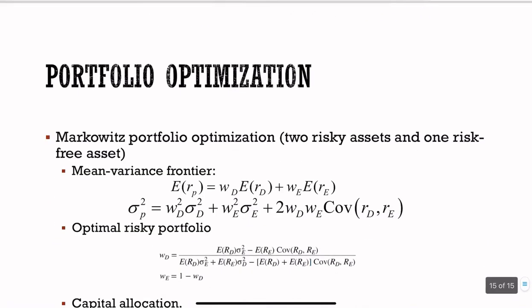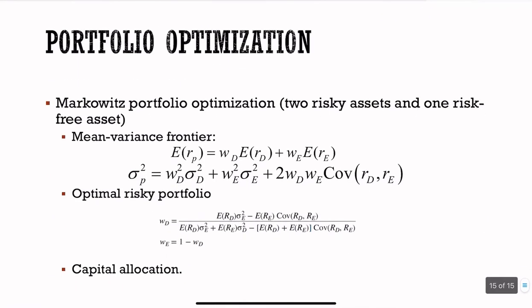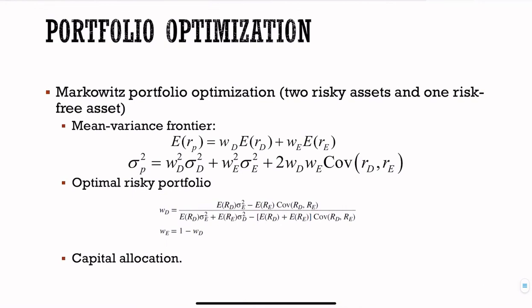And then we talk about Markowitz portfolio optimization. We want to focus on a very simple case, where you have two risky assets and one risk-free asset. To understand the optimal allocation, we have three steps. The first step is the mean variance frontier.